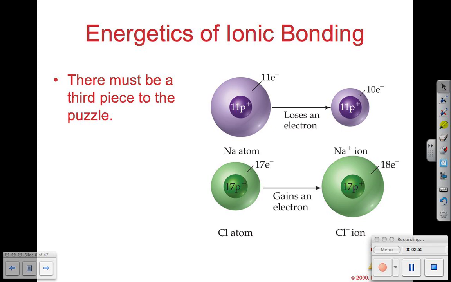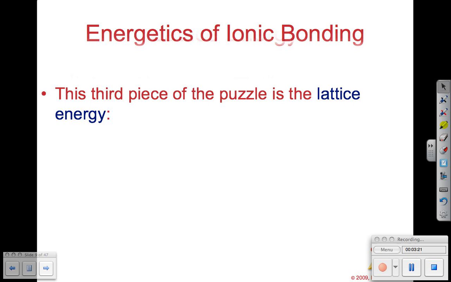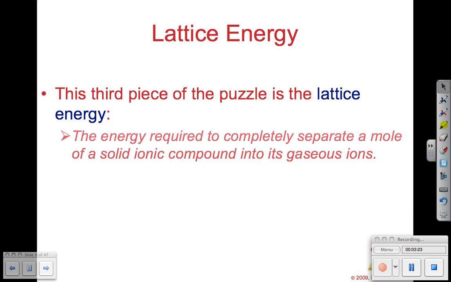But when they become ions, they become a positive and a negative particle, and therefore become very attracted to each other. That is that last piece: the electrostatic attraction, the positive and negative charge newly formed when the electron was lost and gained. That's that last bit of energy, and we call that energy lattice energy. It's the energy associated with ionic compounds and ionic solids.